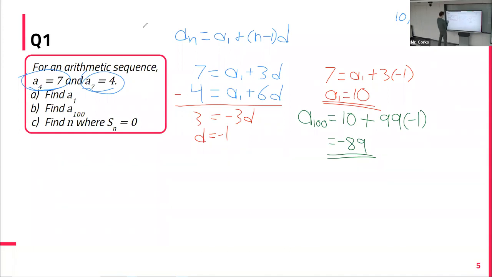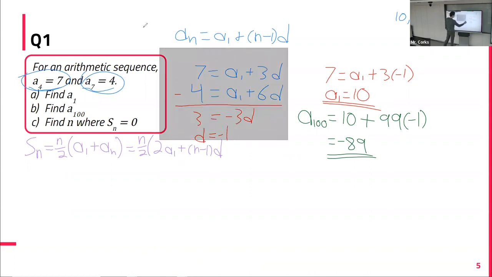Okay, so we have our formula for the partial sum, n over 2 times a1 plus an, or we have the other formula, which was n over 2 times a1 plus n minus 1 d.